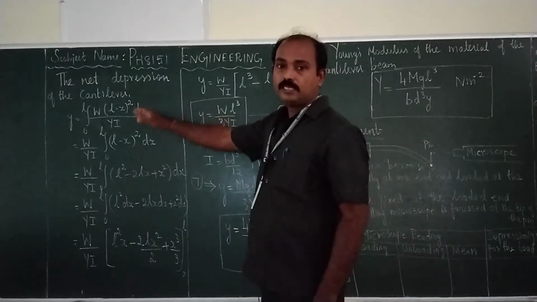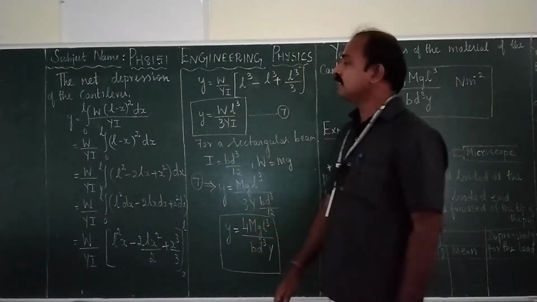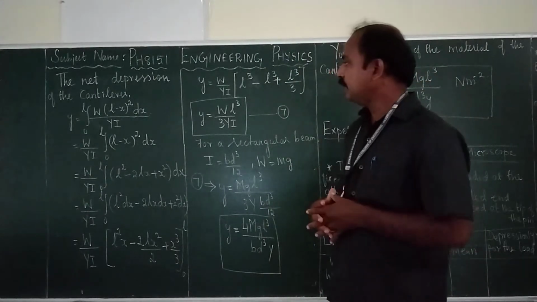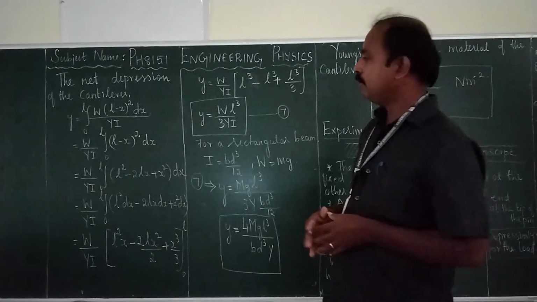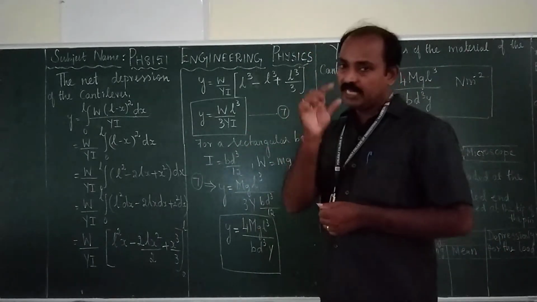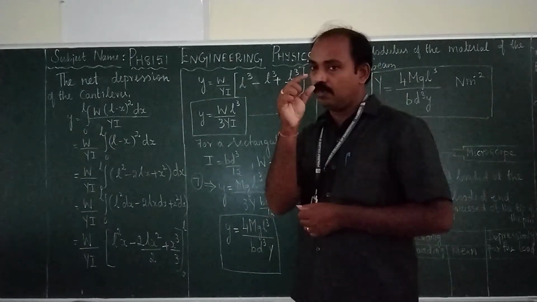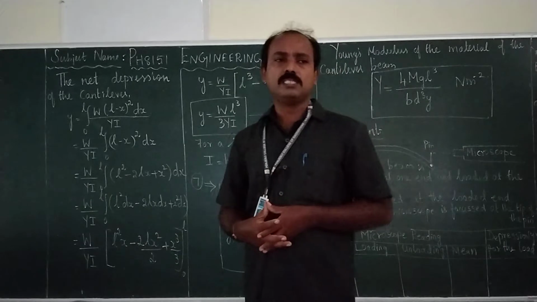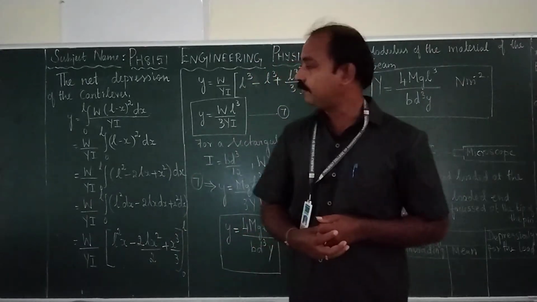So the net depression of the cantilever is going to be calculated by integrating the value of dy. dy is the small depression that is made when the load is applied at one end of the cantilever.